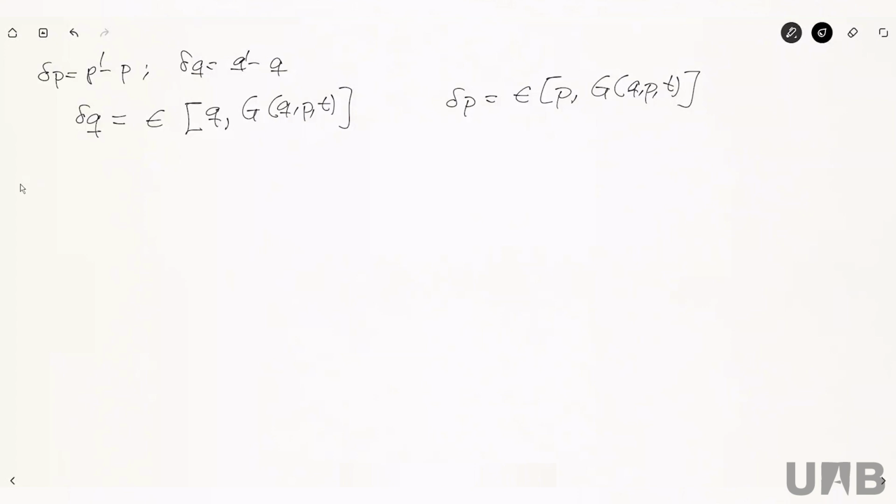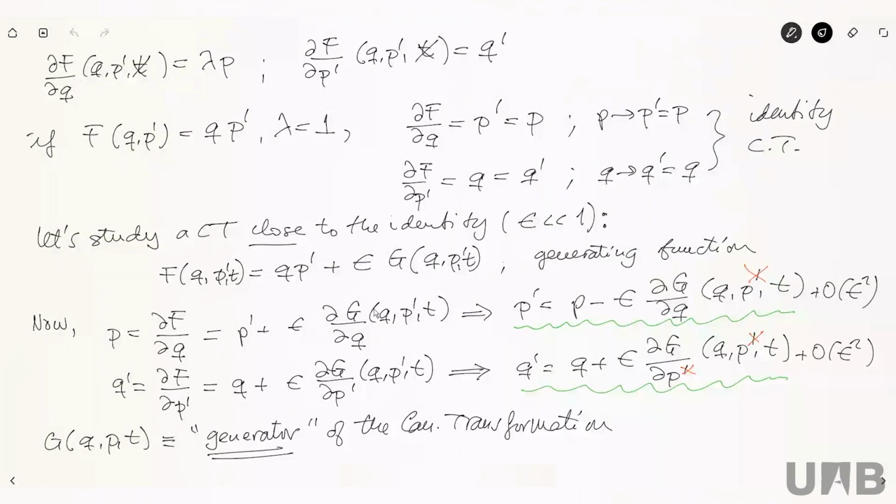Now let's make the following observation. Let us imagine that this function g of q, p, and t could be anything, because I could arbitrarily choose this g, and depending on the g I choose, I get different canonical transformations.